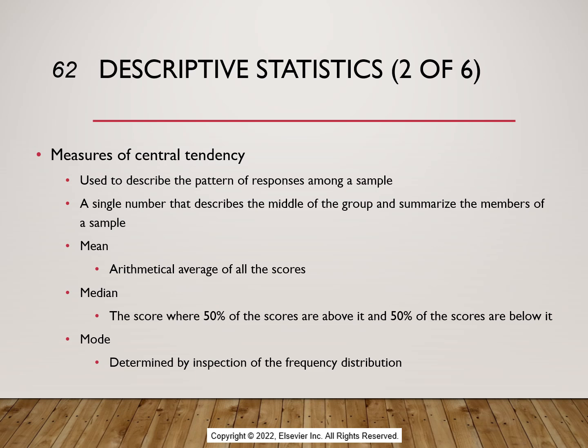And this is important for researchers to look at this because they should be looking for a normal distribution, like a bell-shaped curve, so that they can then perform the correct inferential analyses on the data.